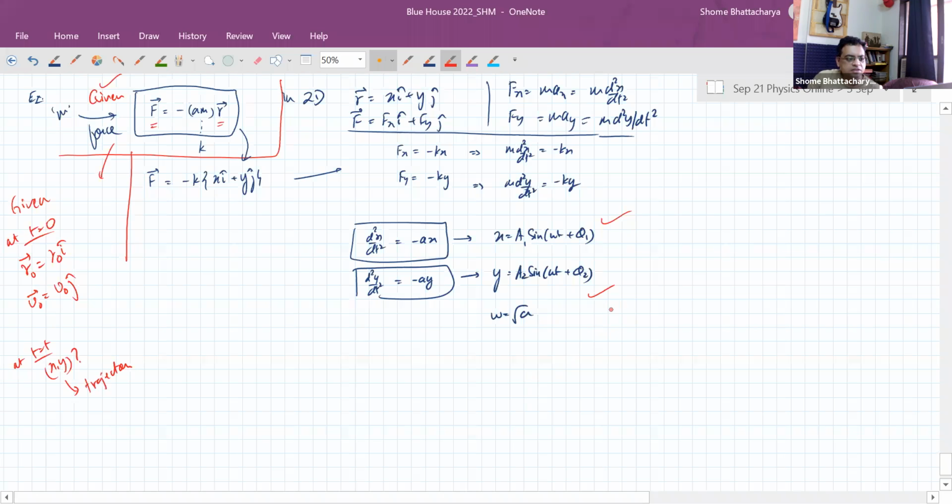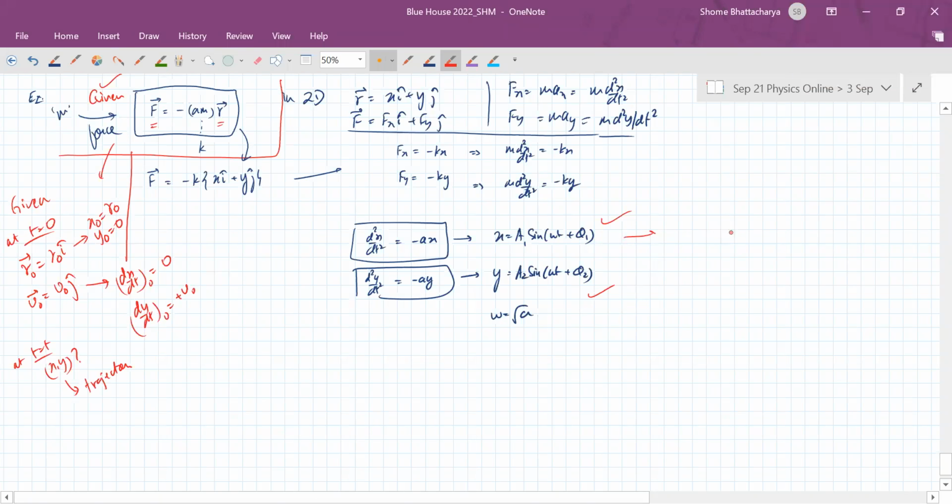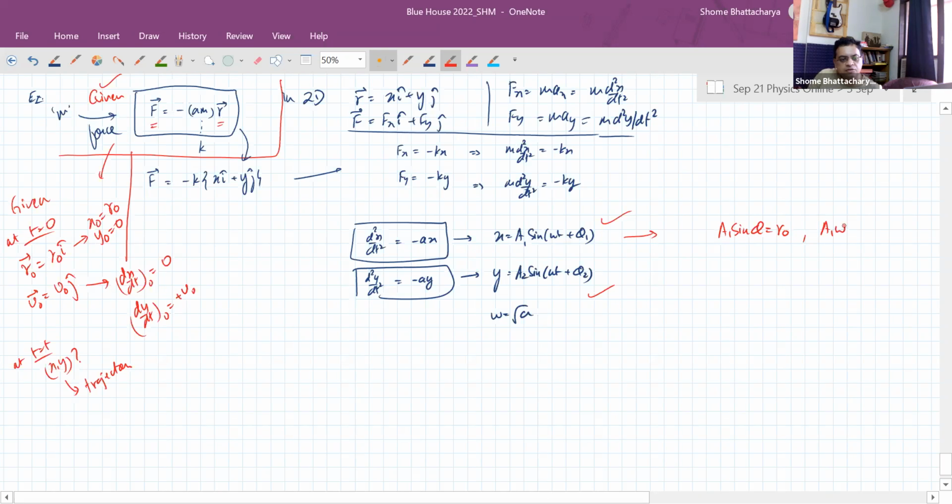Okay. So let's convert this. This basically means that at t equal to 0, my x naught is r naught, but my y naught is 0. And this means that dx by dt at t equal to 0 is 0, whereas dy by dt at t equal to 0 is plus v naught. Clear, no? So this will tell me that a1 sine phi is equal to r naught, and a1 omega cos phi should be 0.